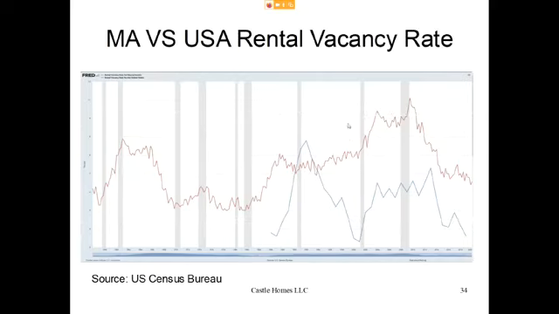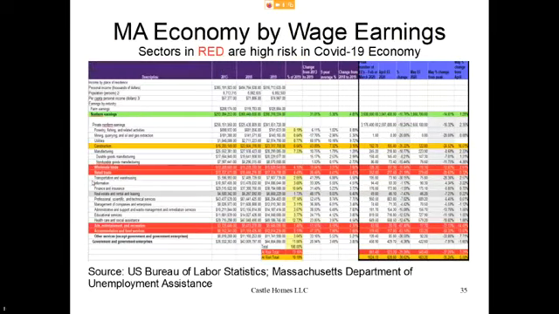And our rental vacancy rate, if you're thinking about rentals, Massachusetts in blue, somewhere around 3.5 or 3.7, and the nation as a whole is somewhere around 6.5, 6.75. So basically Massachusetts is pretty much full. There's not a whole lot of places to go.